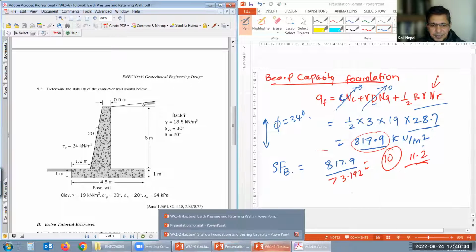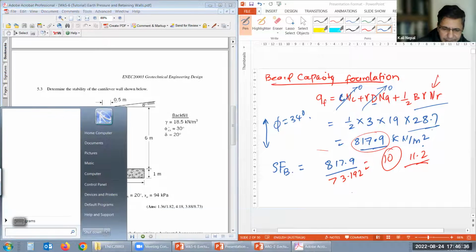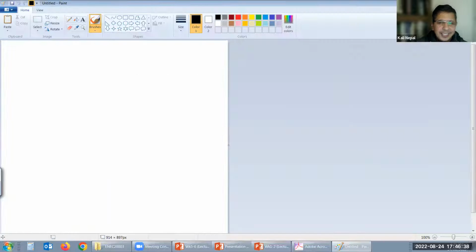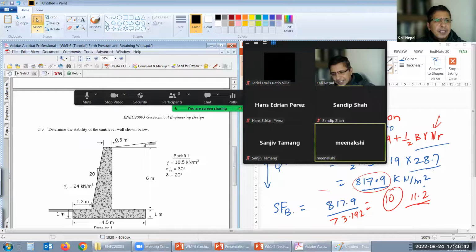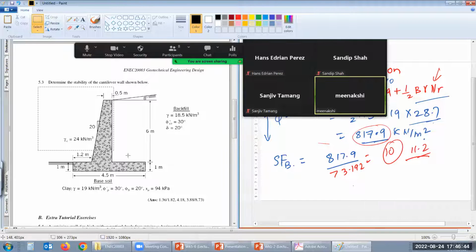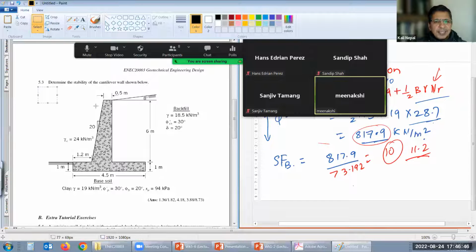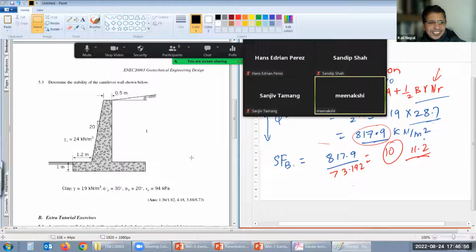Where is my pen? I'll copy that and then draw the diagram, right? I need some space to draw there, so I'll remove this and check.